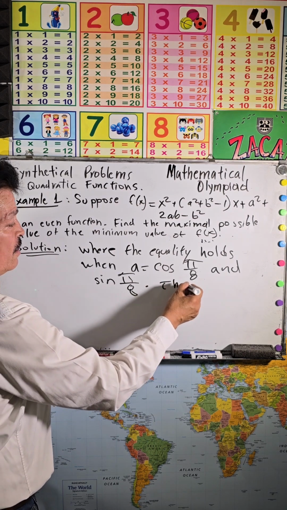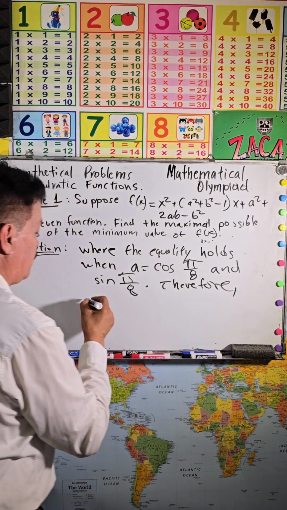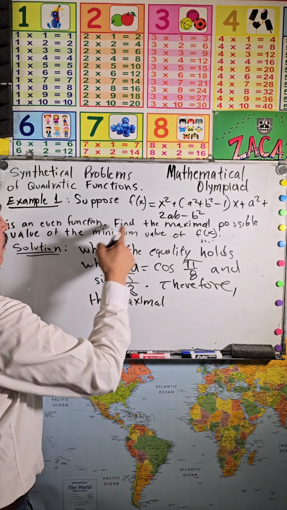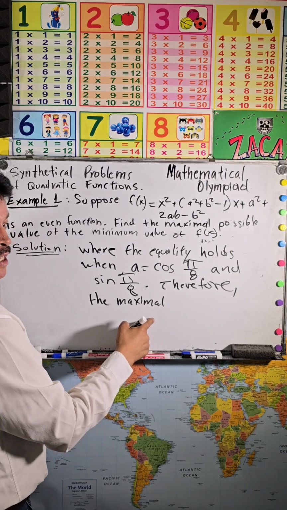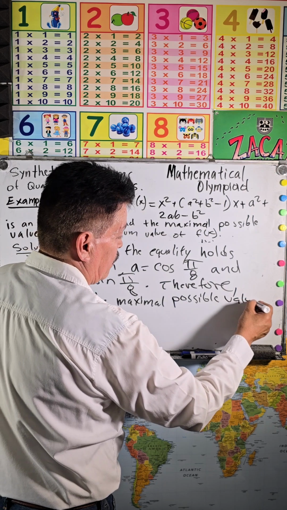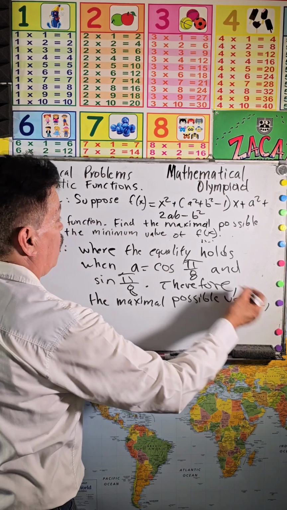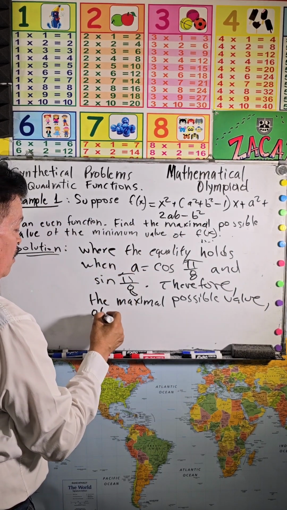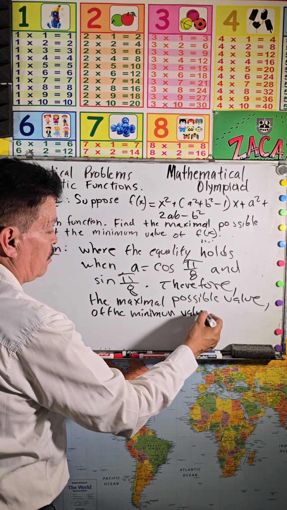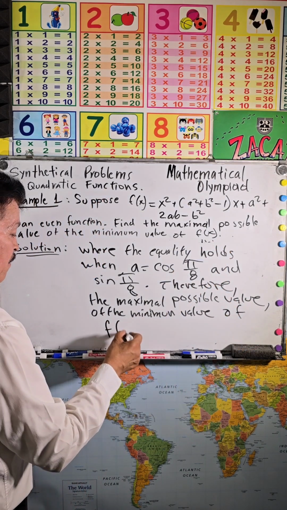Therefore, it's our conclusion. The question is that we have to find the maximal possible value of the minimum value of f(x).